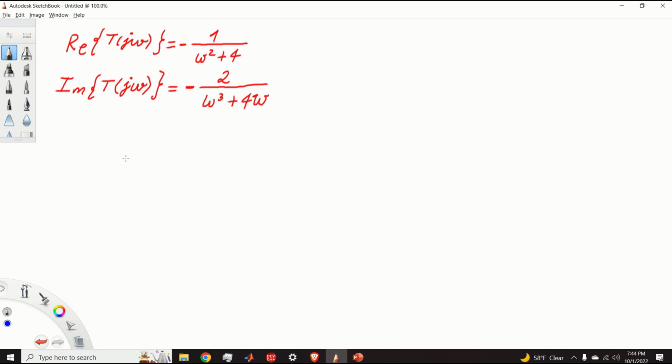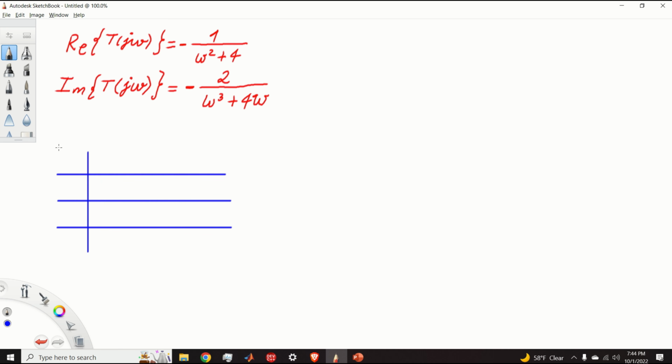Okay, so let's start. The first step is to make a small table. So let us make a small table over here. And this table will have 3 rows and several columns.